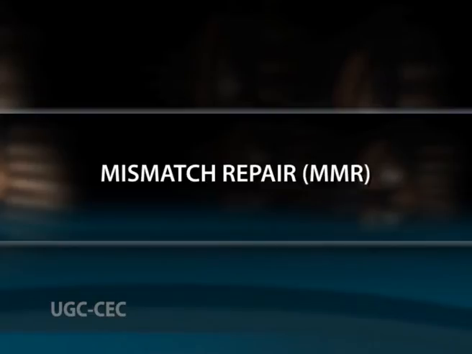Mismatch repair, or MMR. The mismatch repair MMR system plays an essential role in post-replication repair of misincorporated bases that have escaped the proofreading activity of replication polymerases. MMR proteins also correct insertion or deletion loops, or IDLs, that result from polymerase slippage during replication of repetitive DNA sequences.